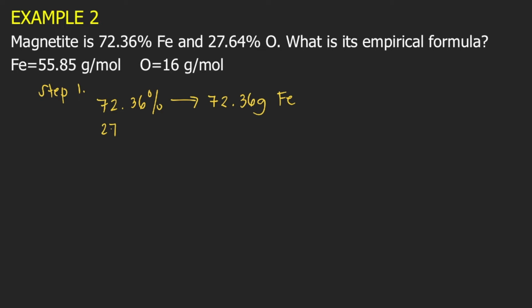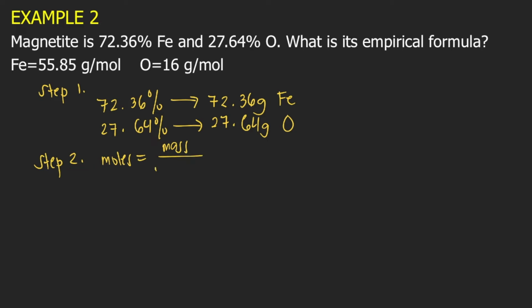We have 27.64%, you change that to 27.64 grams of oxygen. That's step 1, very simple. Step 2, again, you determine the moles of each element. That's mass divided by molar mass.